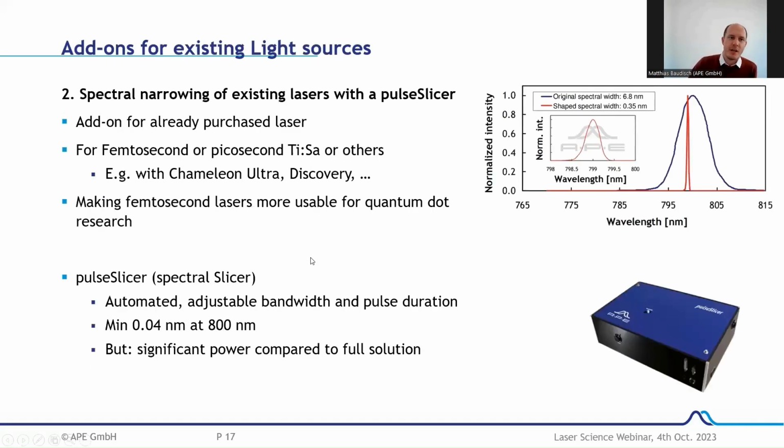The first is that one can place the pulse slicer, the spectrum slicer that I showed before, behind your device. We have many customers who do this, who have femtosecond or picosecond sources like sapphire laser sources. Just to name some, for example a Chameleon Ultra or a Discovery or Insight, or whatever kind of femtosecond or picosecond laser.